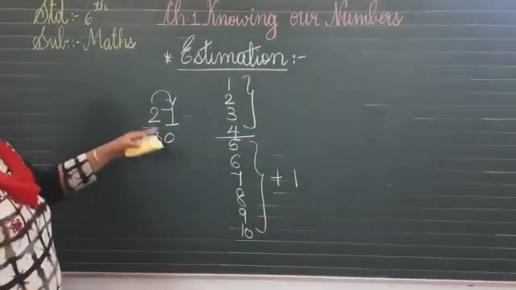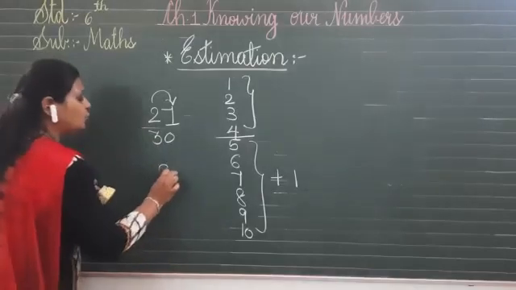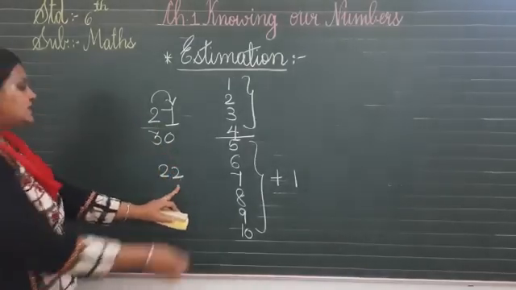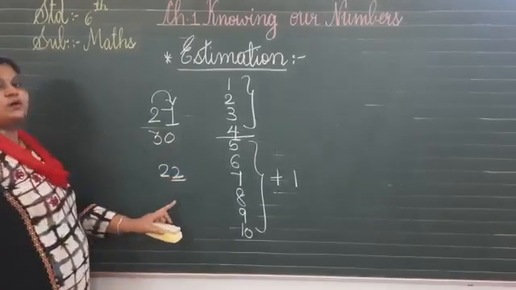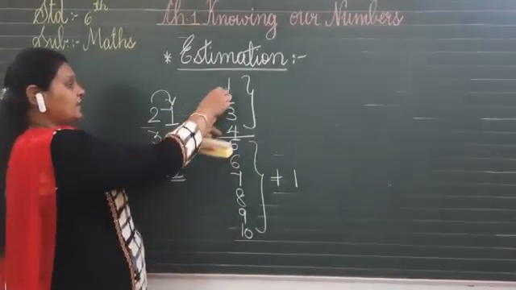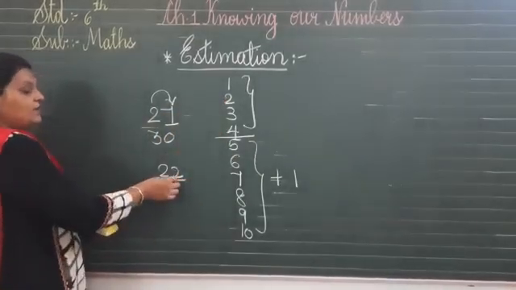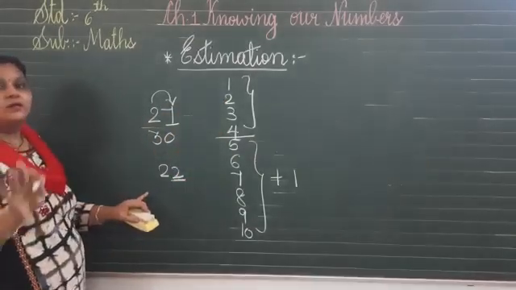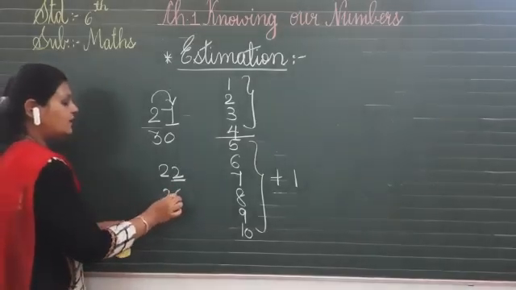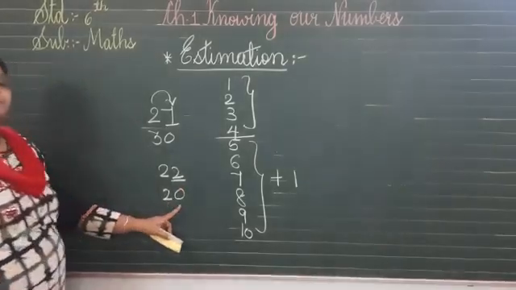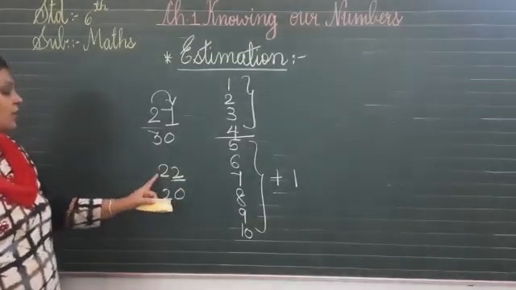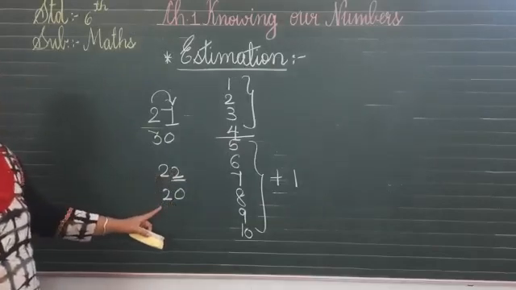Same way, if you are told to round off 22 to the nearest tens, we check the ones place. 2 is smaller than 5, which comes in this category, so we will not add. We will keep the number as it is, and the rest of the digits will be converted into 0. So the rounded number of 22 is 20.